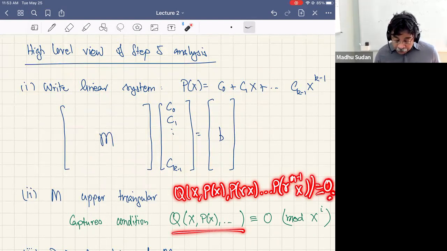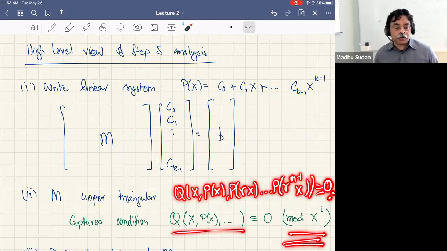If this is to be 0, it should be 0 mod X, 0 mod X squared, 0 mod X cubed, etc. It's an identity that holds all the time, so it should hold modulo X to various powers. When I look at it modulo X, will the coefficient C1 make a difference?